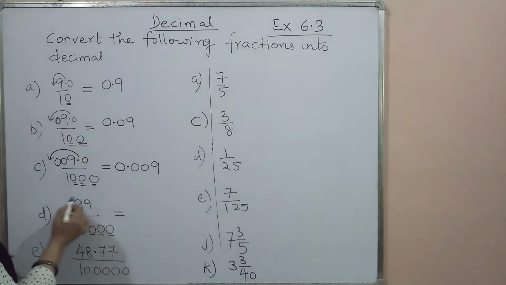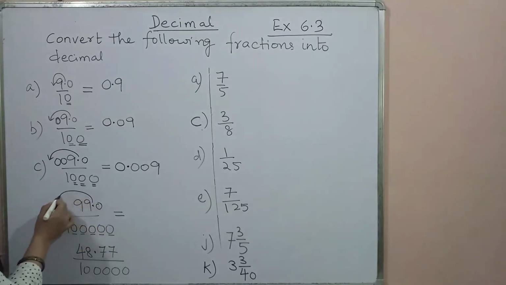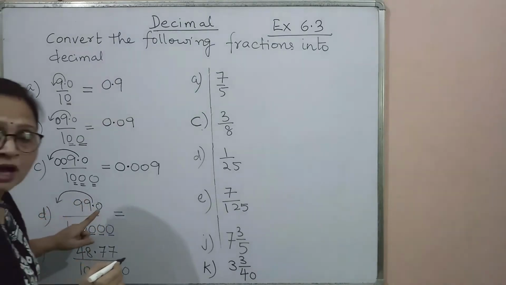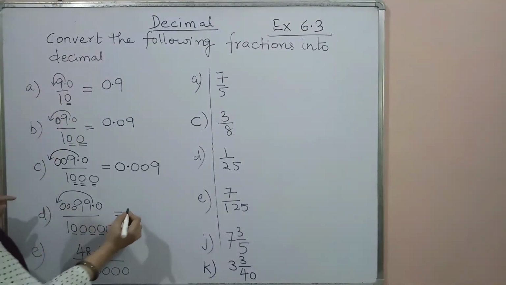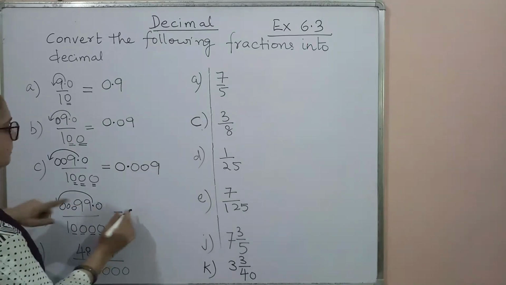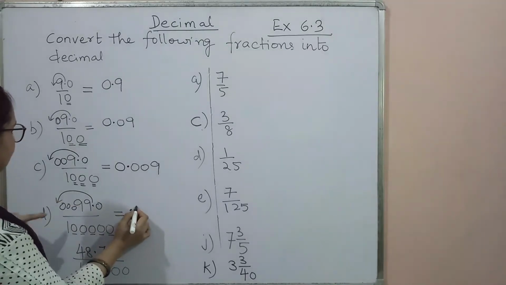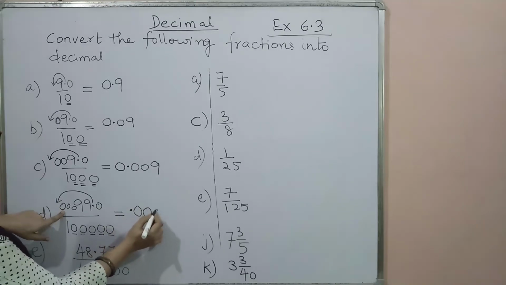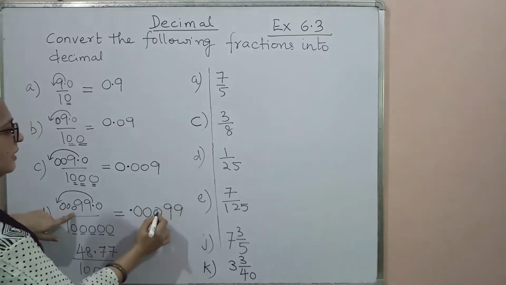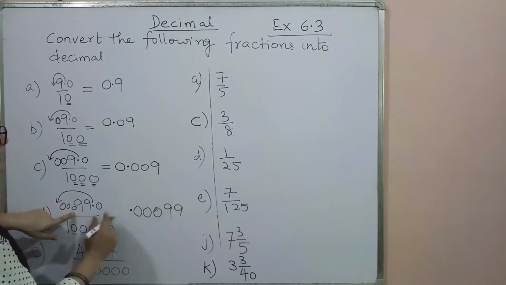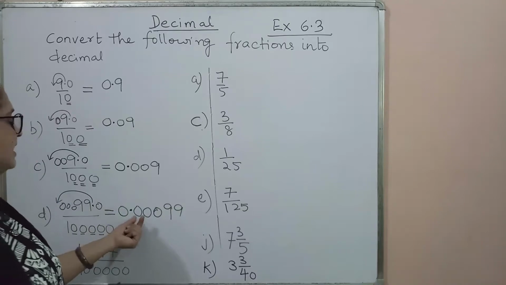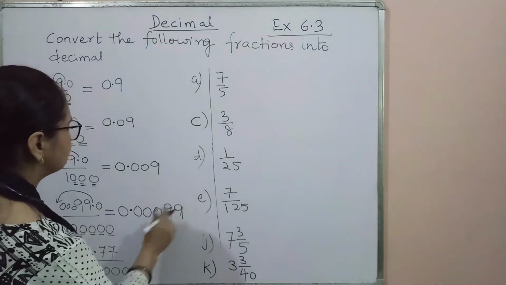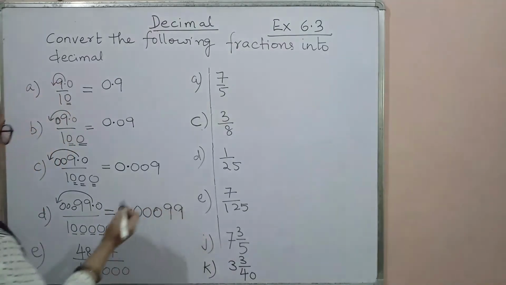The decimal which you cannot see is here, and it will be shifted by 5 digits. 2 are already there, then 3 more will be added. That means it will be decimal 0, 0, 0, 9, 9. And we have already discussed, we should not start any answer with the decimal. So the answer becomes this.